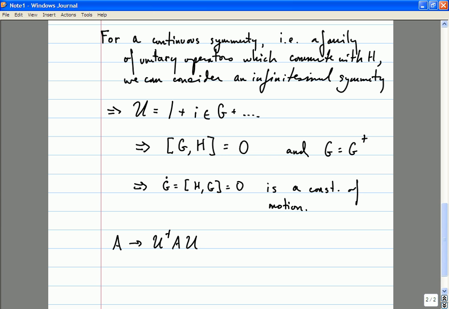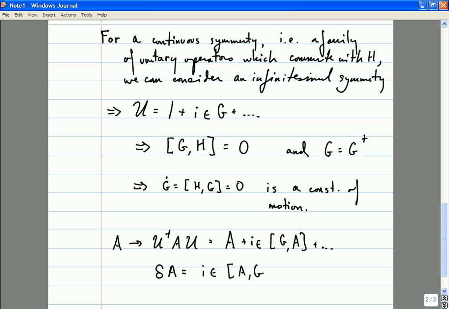So if we plug in this infinitesimal expansion, this is A plus i epsilon times the commutator of G with A plus higher order terms, so that the variation of A to first order in this parameter epsilon is just i epsilon times the commutator of A with G.